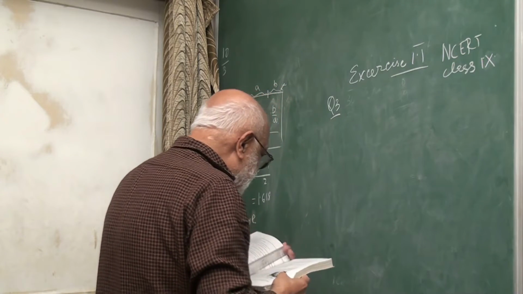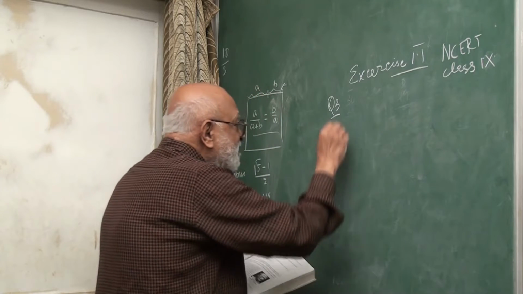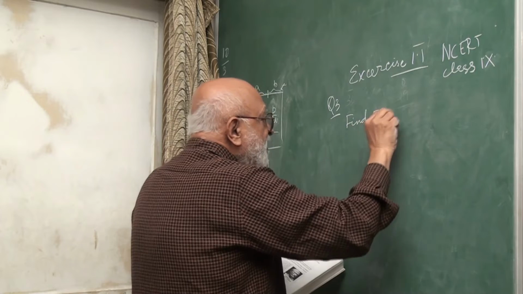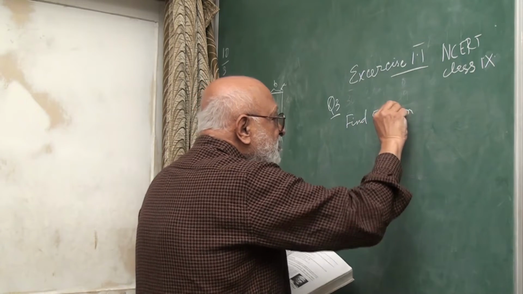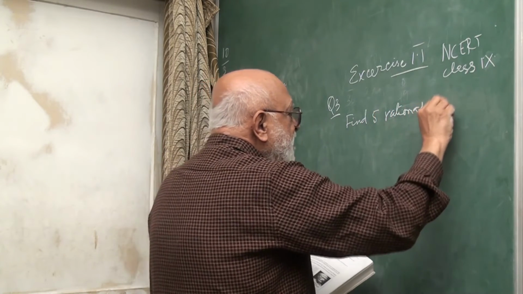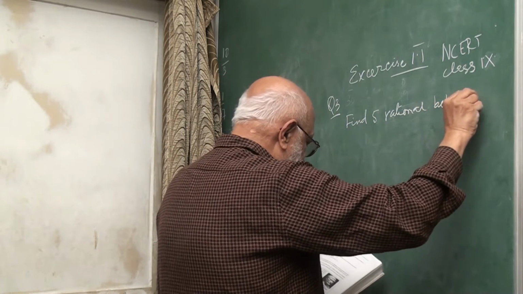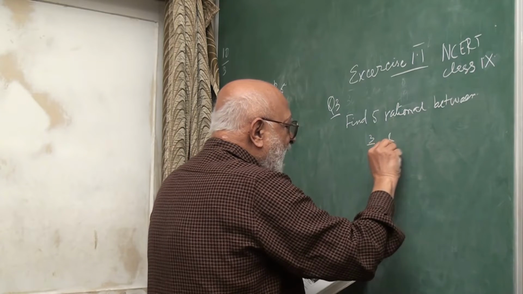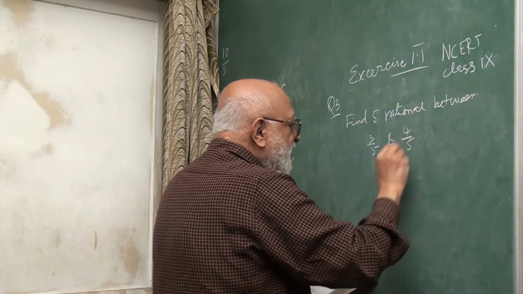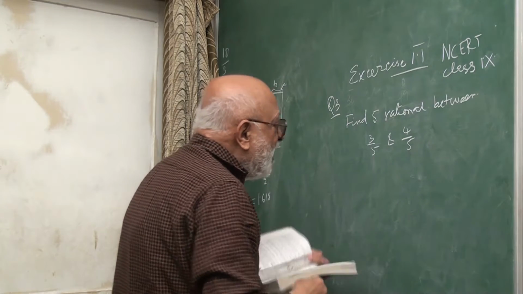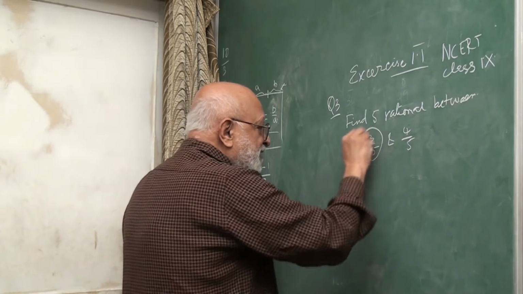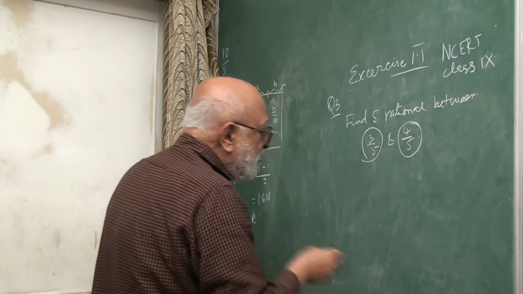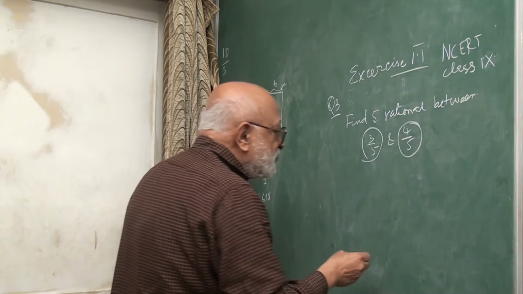The question says: find 5 rational numbers between 3 by 5 and 4 by 5. Last time I showed you one method by taking this 5 common. There is another method which is as per this book, and I think that is also very nice.